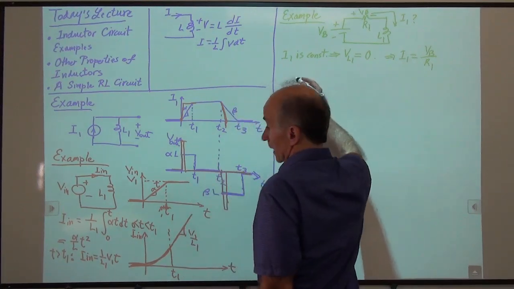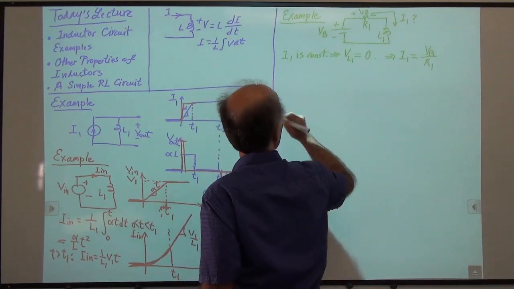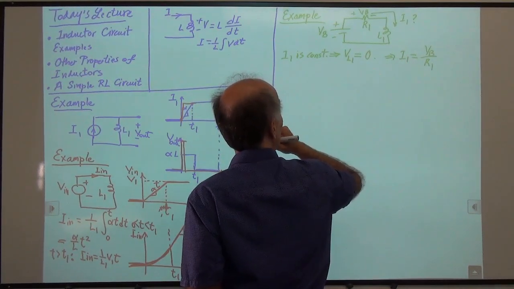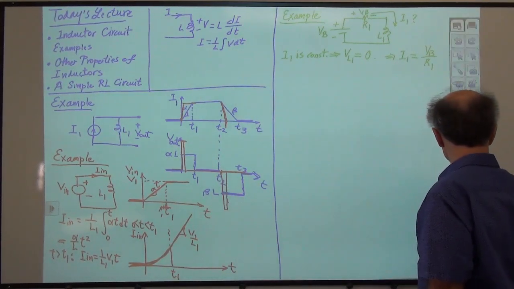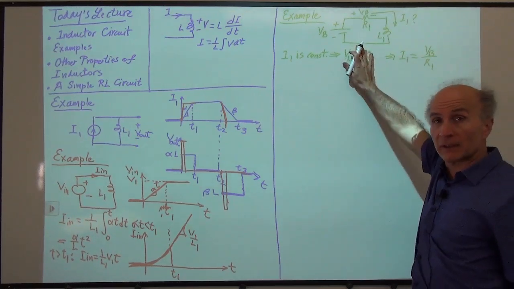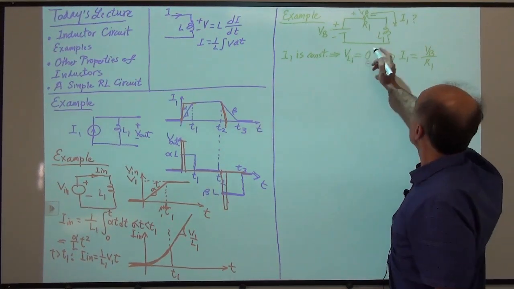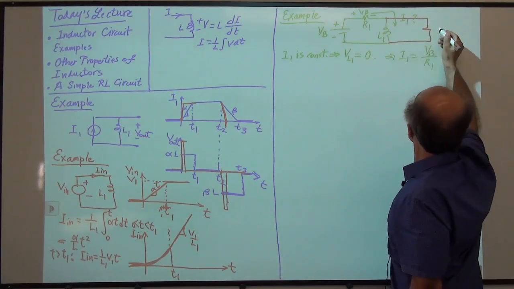All right, let's go to another example and make it a little more interesting. So let me do this. All right, so we found this current in the circuit, right? Now I'm going to add a resistor here, R2.